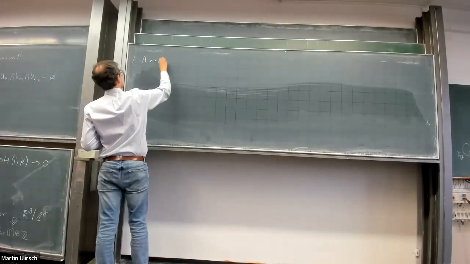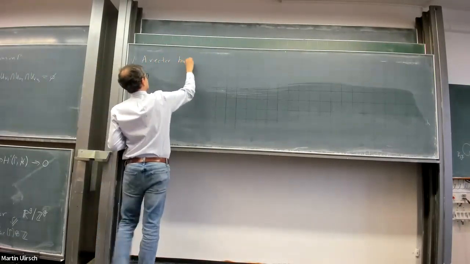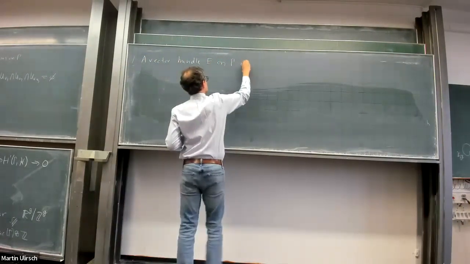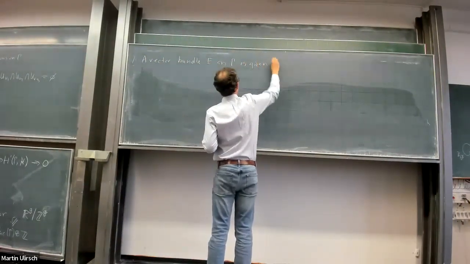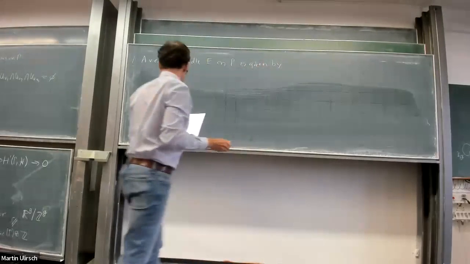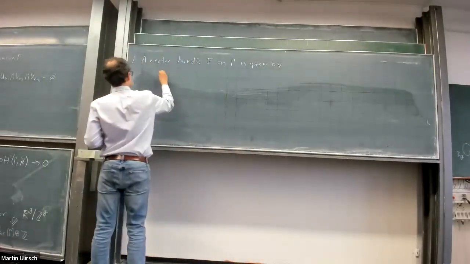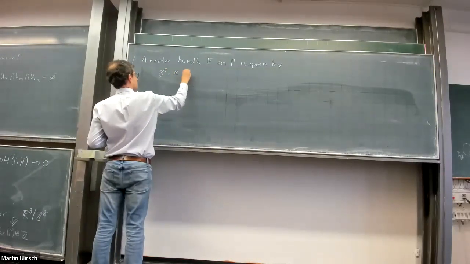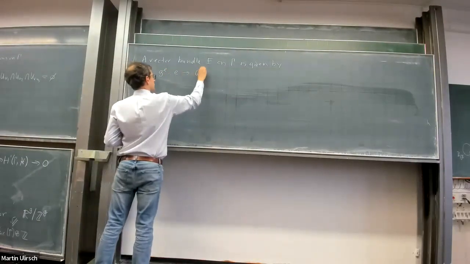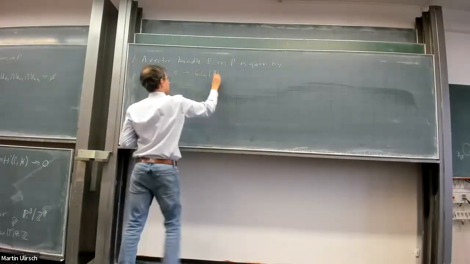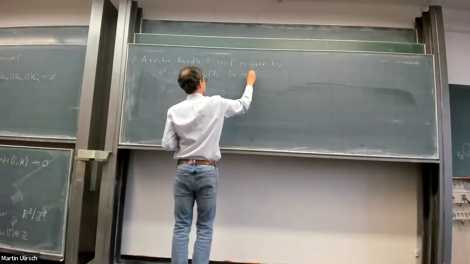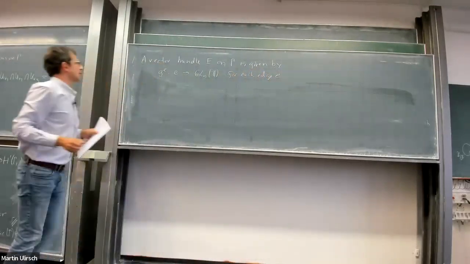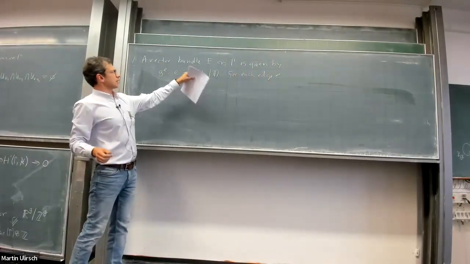So a vector bundle E on Gamma is given by functions g_e from edges to GL_n(T) for each edge e, and this is the semi-direct product.